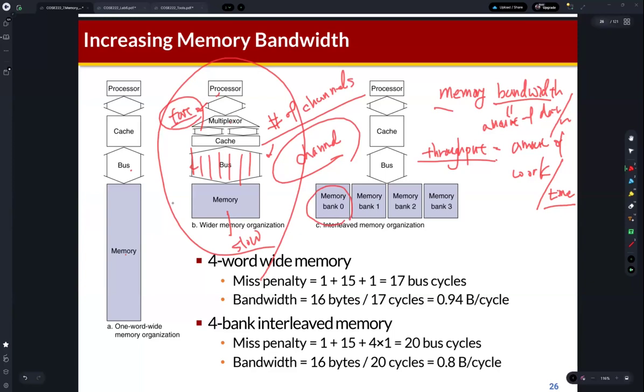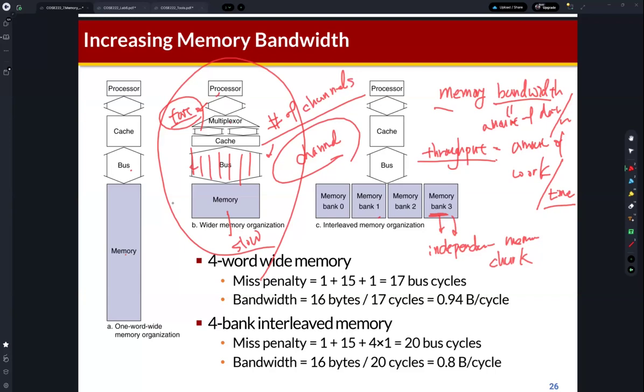We can increase the number of memory chunks. So you can find the bank here. It's called the bank. The bank represents an independent memory chunk. So this is the independent unit.